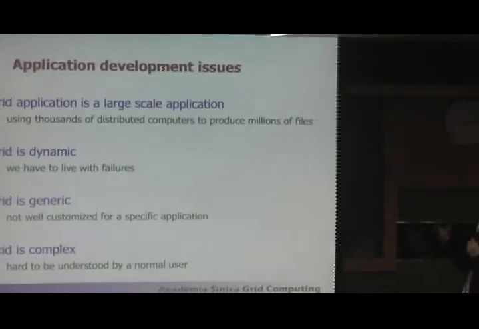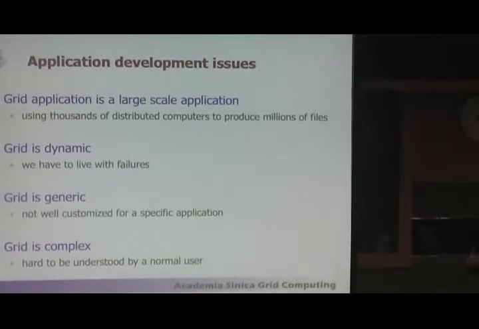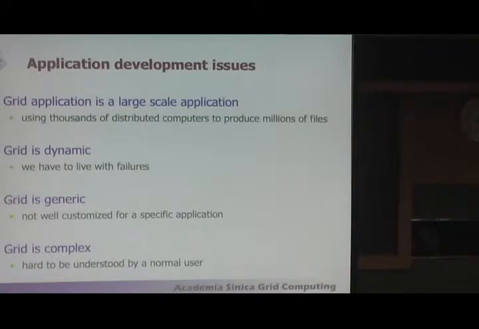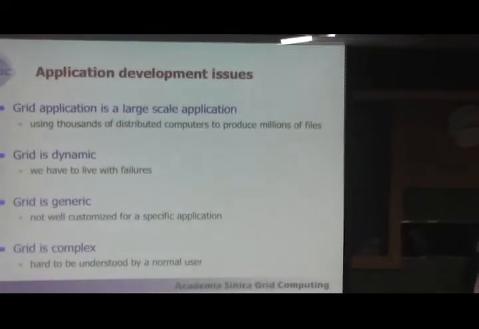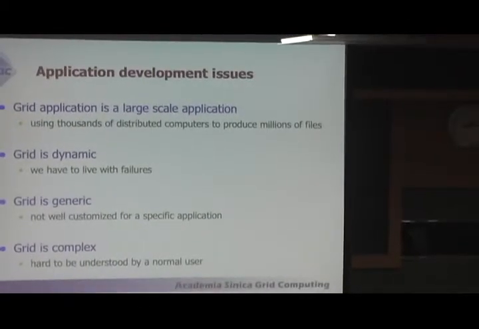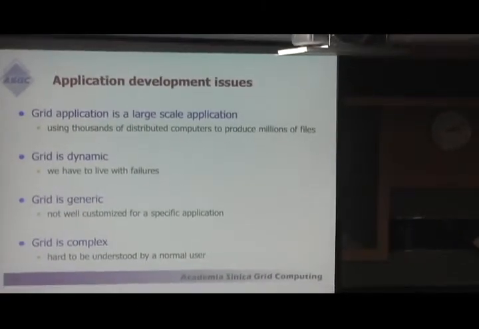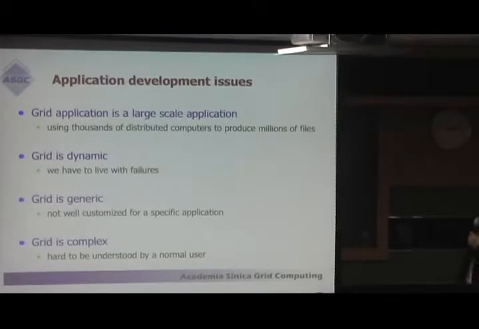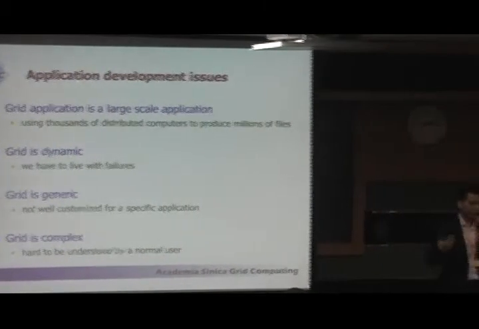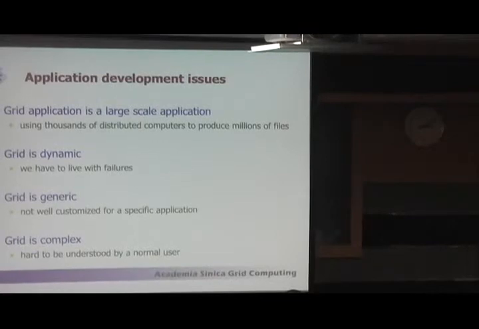And we are trying to address problems that nowadays are not easy to solve or even impossible to solve using a single computer. And grid is dynamic because, as I mentioned, it's not a central control system, so anything can happen. So we have to live with failures from the resource side.